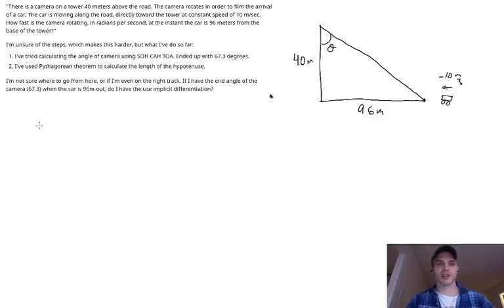We take 40 squared plus 96 squared, which equals our hypotenuse squared. This comes from the Pythagorean theorem. This is a right angle; towers stand perpendicular to the earth. So h ends up being 104, I think, meters.